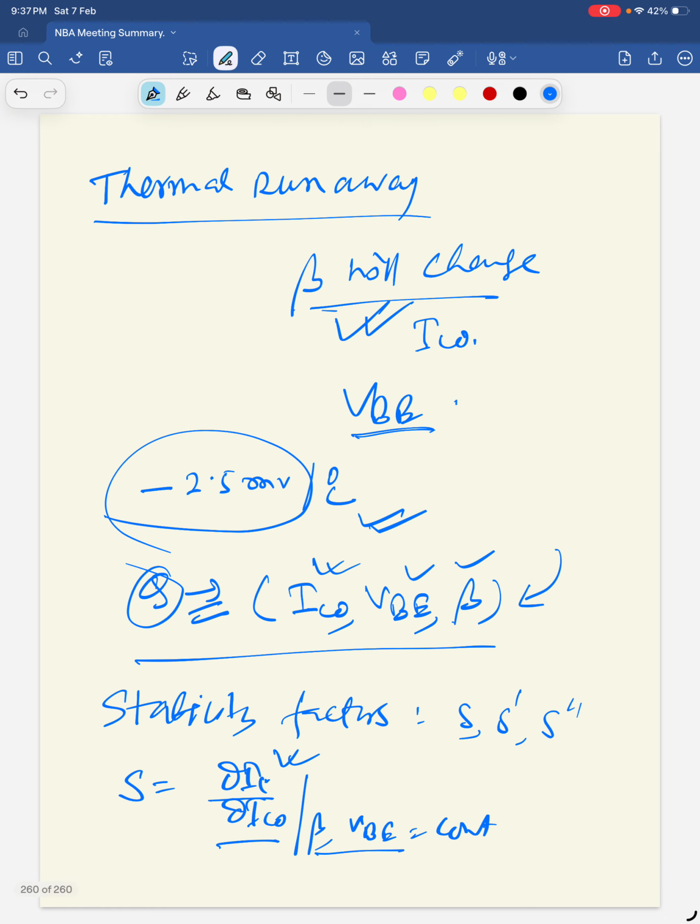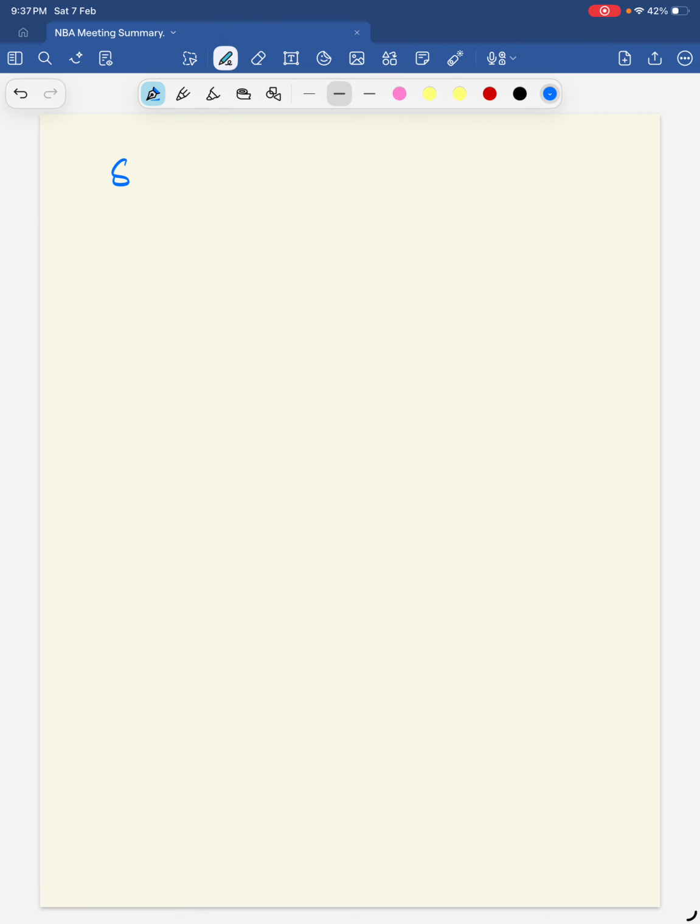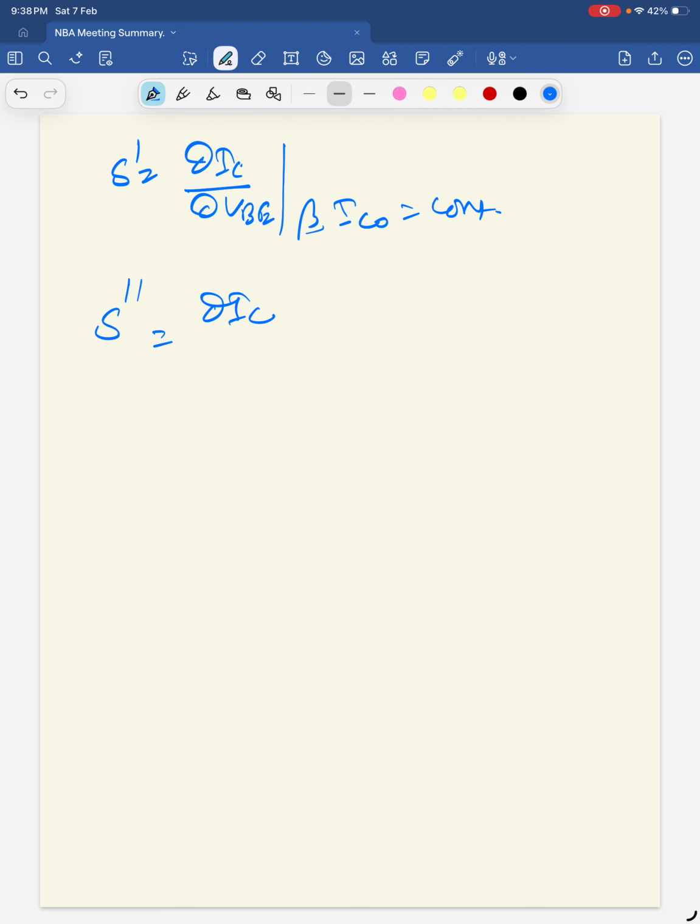Similarly, S prime is one more parameter, that is the rate of change of collector current, del IC by del VBE, the base emitter voltage, keeping beta and ICO constant. So that is S prime. S double prime is del IC by del beta, keeping VBE and ICO constant.